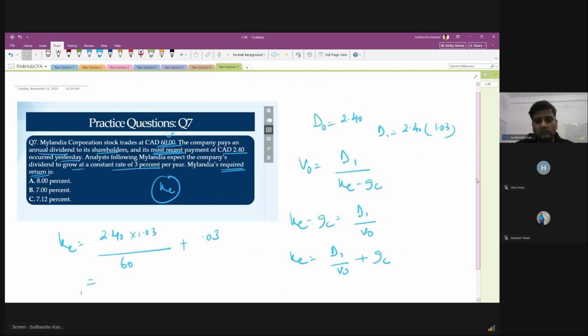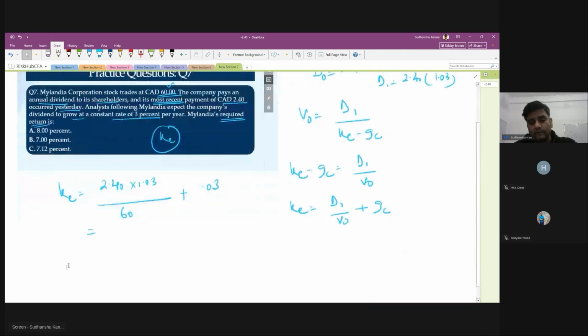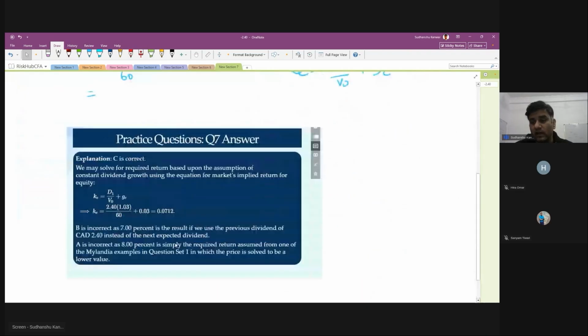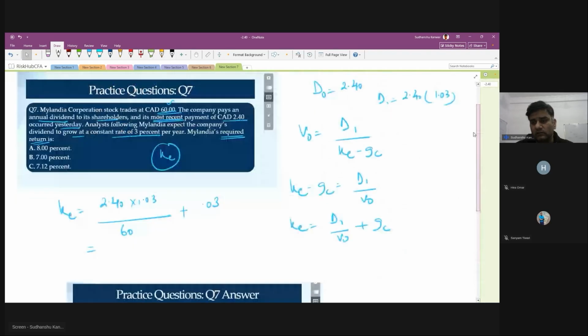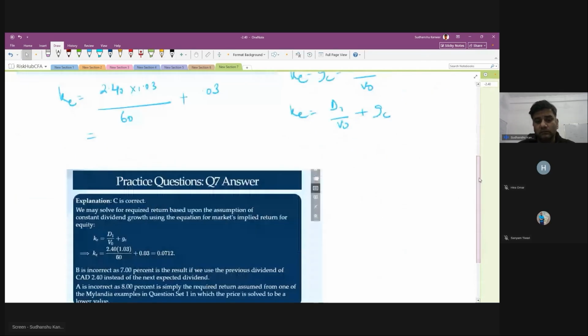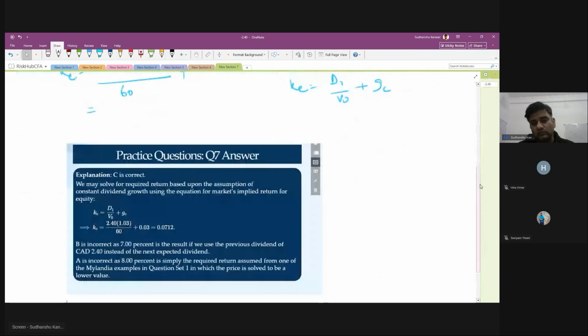If you have clarity, this will not take much time. You should know what the required return is, and the question is asking you for the required return, which you can solve. This is what they have done. Very simple. Answer is 0.03. These are easy questions. The only requirement is that you should have conceptual clarity.